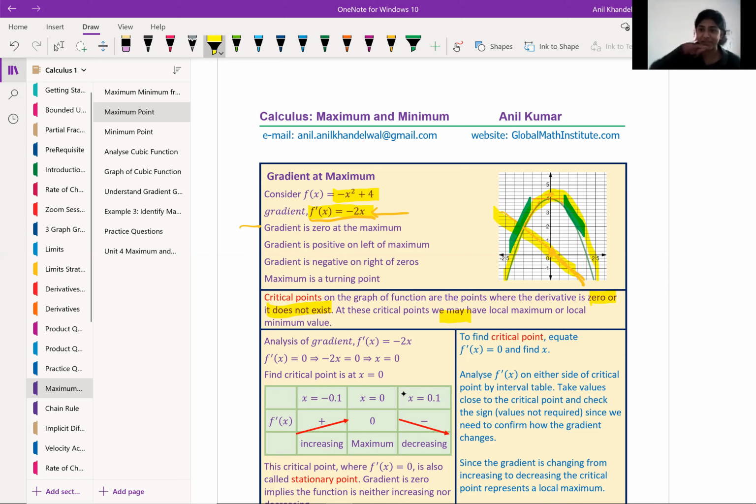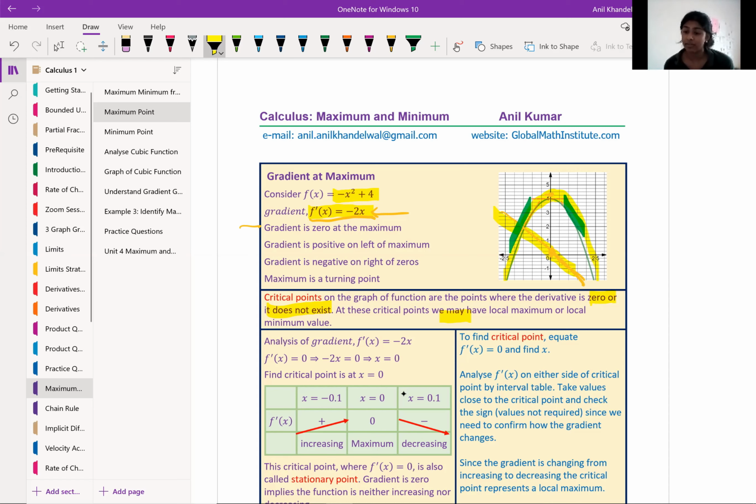If you draw lines, they're parallel, they go up and up. They don't go up and down. So the tangents at these points do not go from increasing to decreasing or from decreasing to increasing. And therefore, we do not have a maximum or a minimum at this particular point. It may be referred to as a saddle point, as you said, or point of inflection, we'll soon call it.